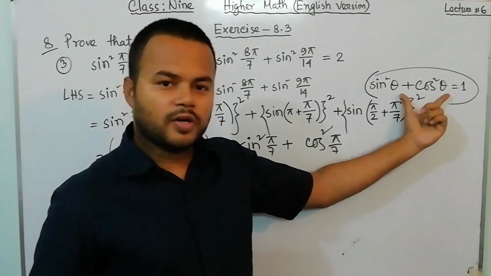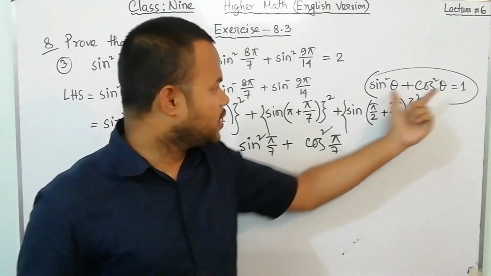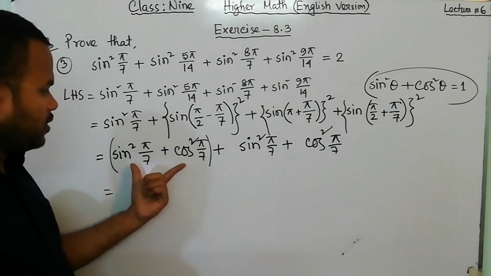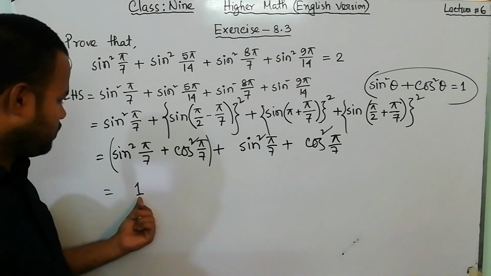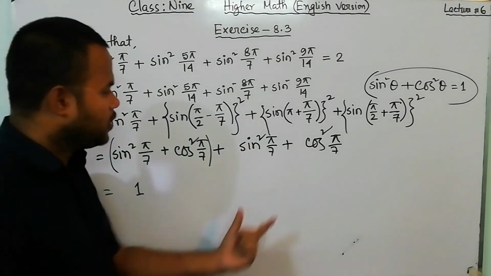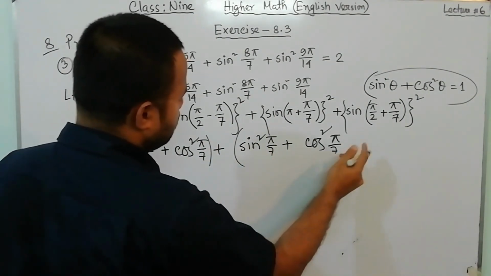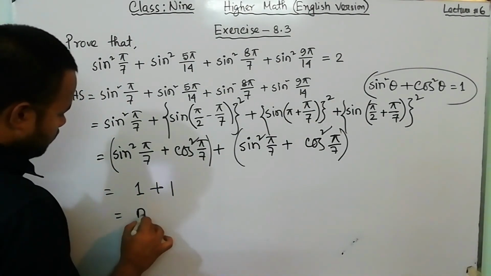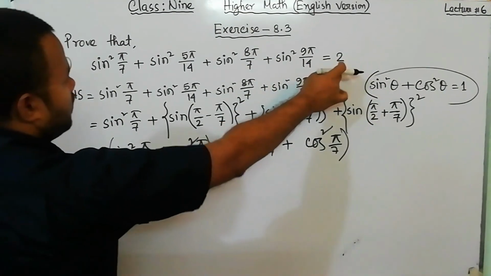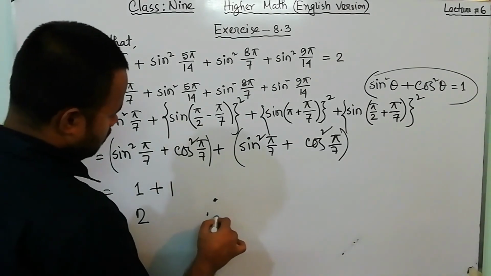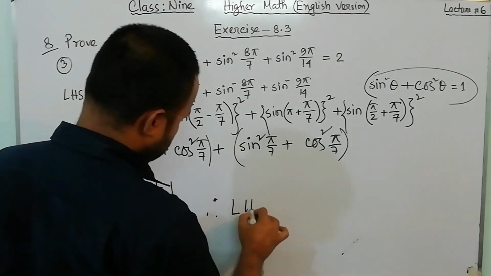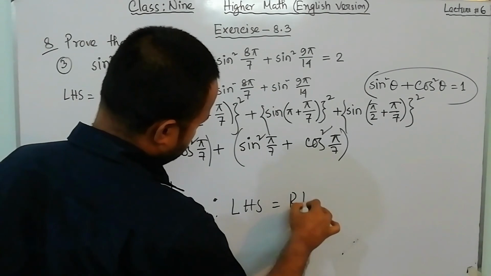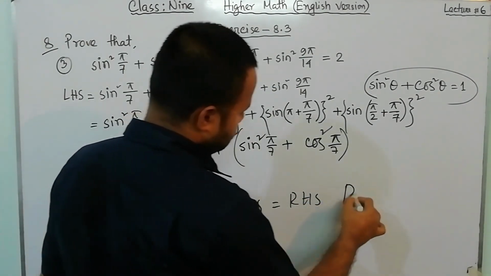Using this formula we can write the value of this term is 1, and also here sine square theta plus cos square theta, that is 1. Over here we have now 2, that is our right hand side. So left hand side equals right hand side, that is proved.